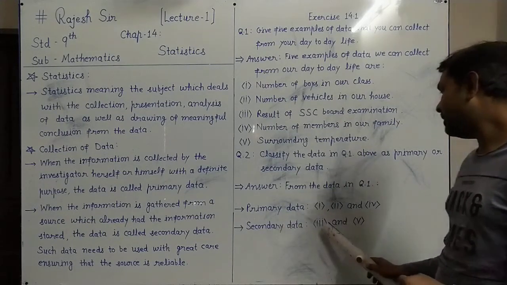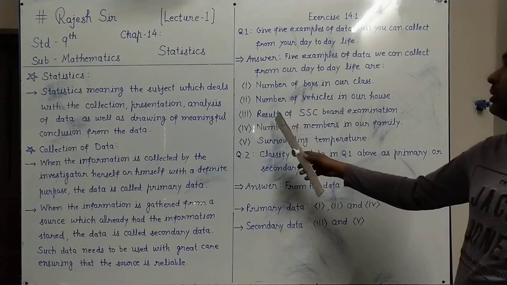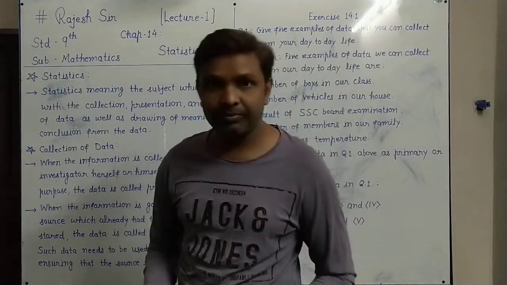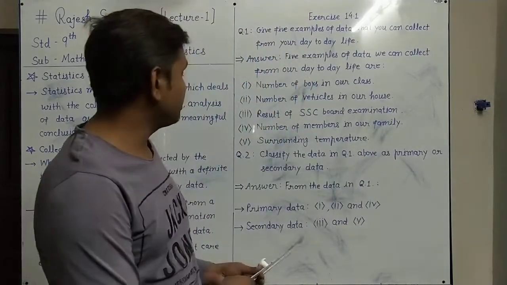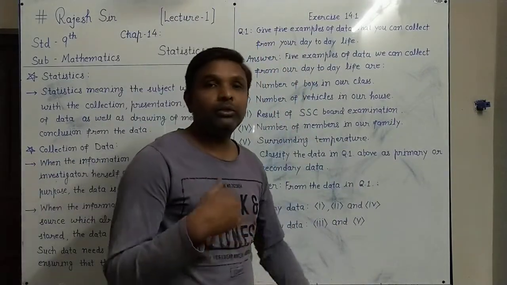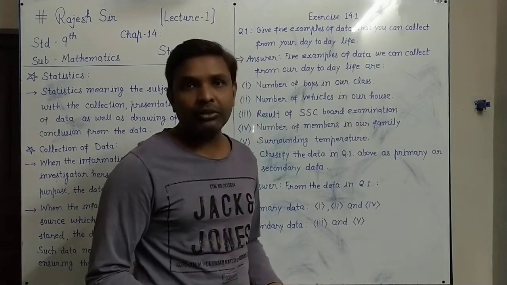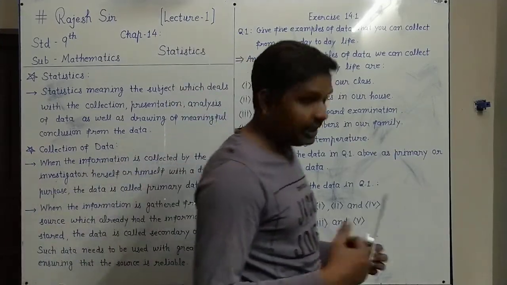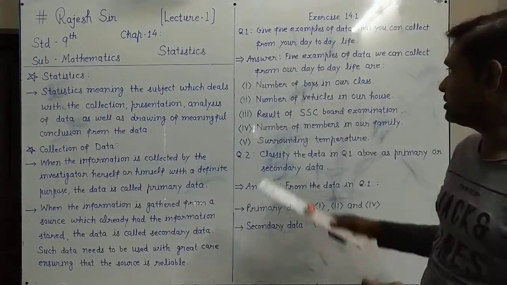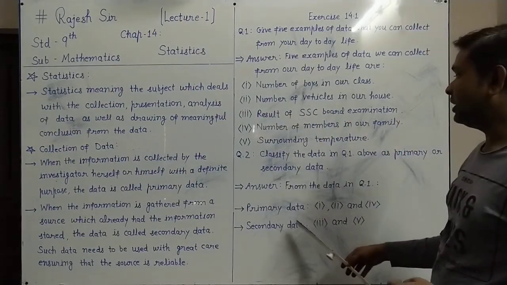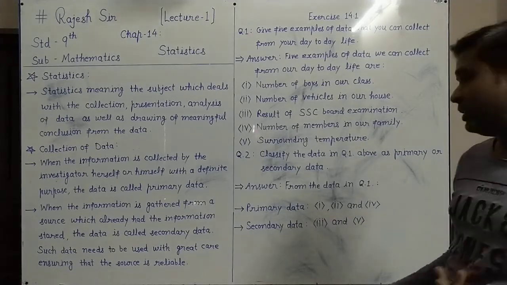Secondary data are 3 and 5. The 3rd, result of SSC board examination, we cannot get ourselves. To see this result, we have to take the help of data stored by the government, by the newspaper, printed, or by any other reliable source. So the result of the SSC board examination is secondary data.